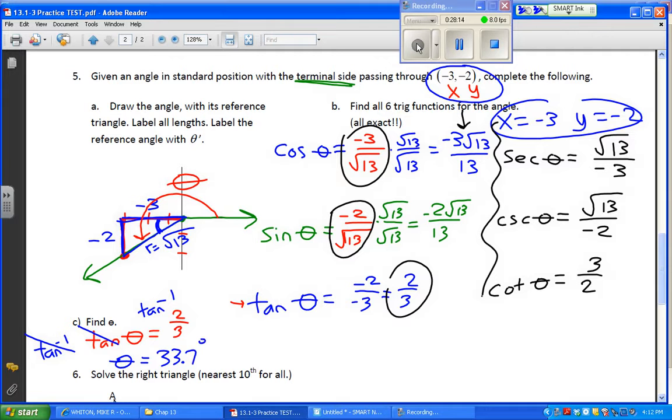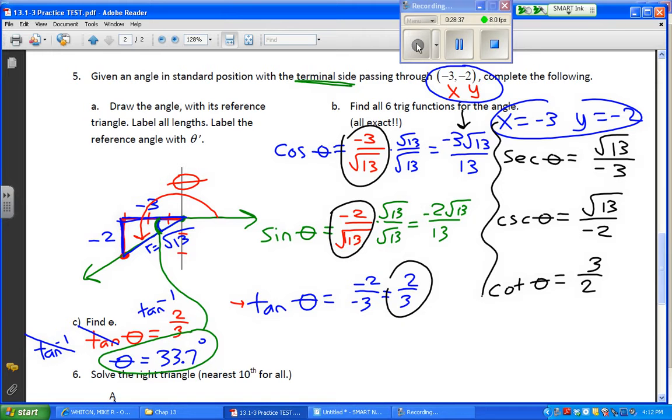Now you gotta be a little careful here. Does it look like our big angle theta is 33.7 degrees? No. We're in the third quadrant. I know the angle's between 180 and 270. So what we actually found is the reference angle. That is actually this piece.